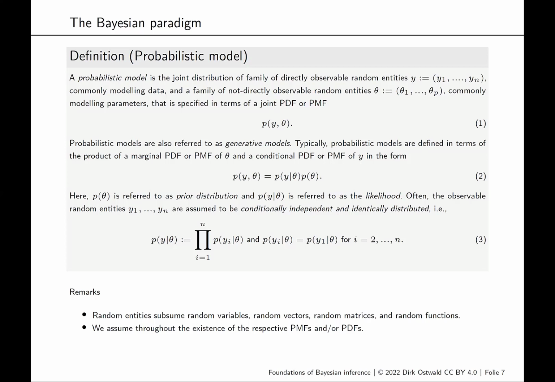This entails that this conditional distribution factorizes into individual data points. So you have the product, which of course models independence. Here it's a conditional independence: for a fixed value of theta, these values that you sample from y_i are independent.